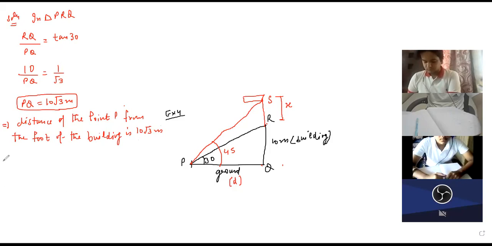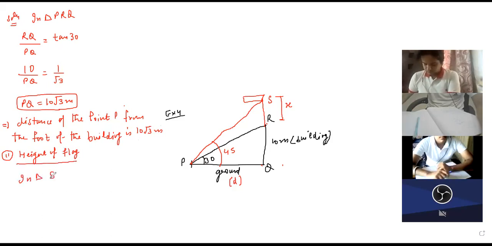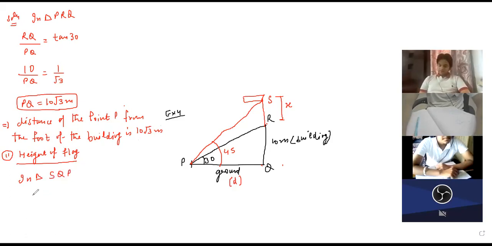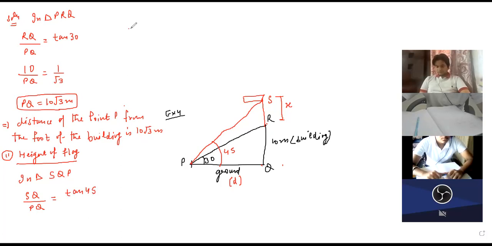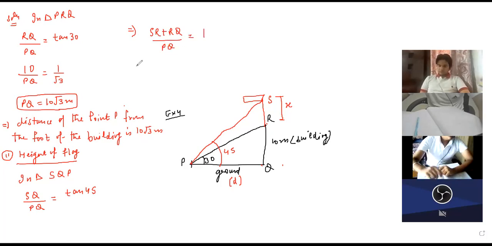Now, second part, I want to find the height of the flag. This I want to find. So, in triangle SQP, SQ upon PQ is equal to tan 45, which implies the value of SQ. This is SR plus RQ upon PQ, tan 45, this is 1.